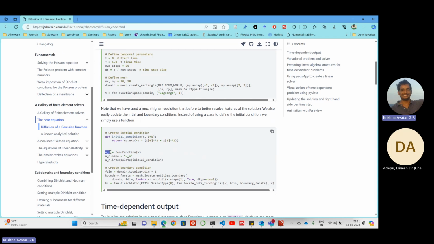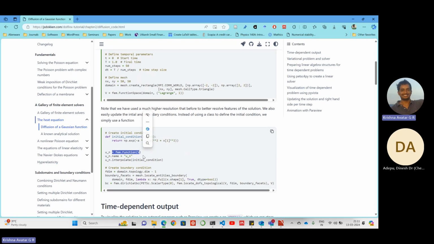This is because Python is such a high level language that we give the function as an argument, and then it knows how to pass every coordinate within this domain, and then it will just populate u_n. So we are interpolating this function, or essentially we are projecting this function onto this function space.